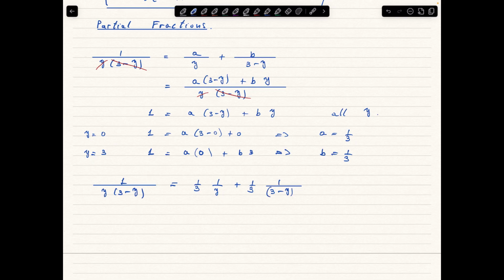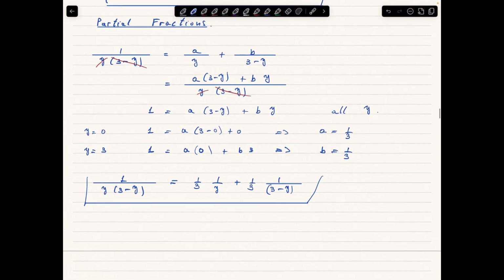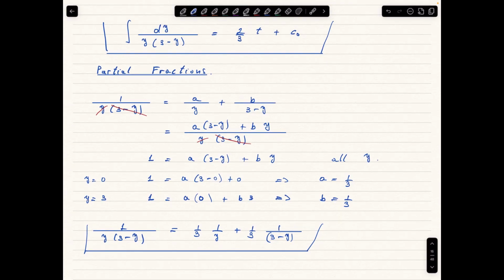Do the addition and you are going to see that you get exactly that. It's not something magical, because we chose a and b so that it happens. So after doing that, now we can do the integral, because the integral here is equal to the integral of this plus the integral of that, isn't it? So now we use this decomposition here.